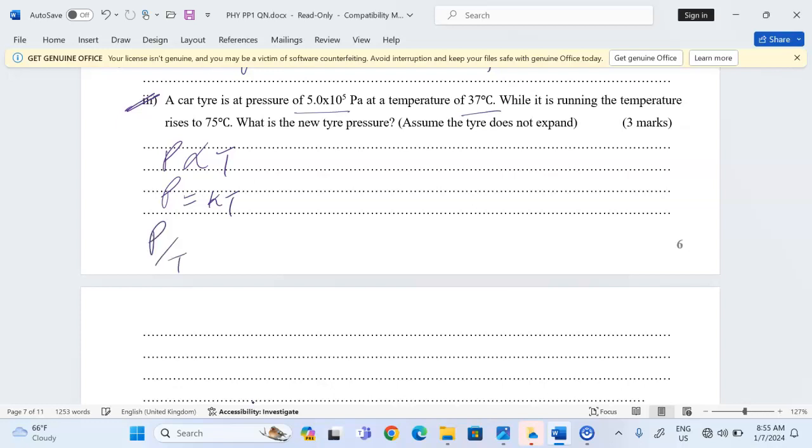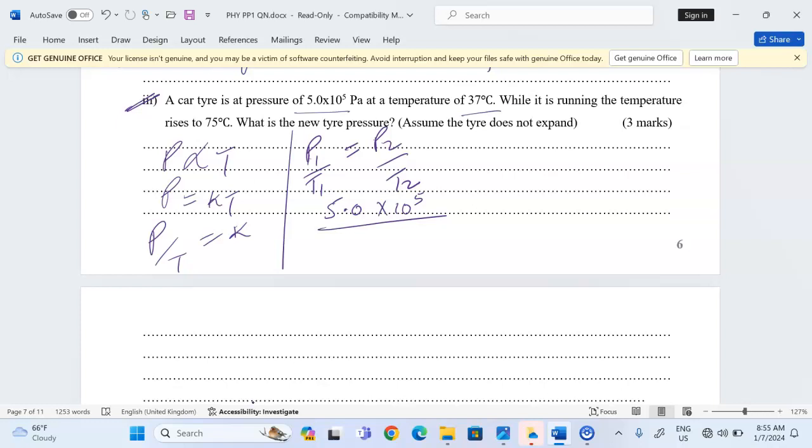So pressure over temperature will give us a constant. That means even if we change the pressure to a different value, taking a different temperature, then they will give us the same constant. Therefore, P1 over T1 equals P2 over T2. That relation holds for the pressure law. Therefore, the first pressure is 5.0 times 10 power 5 Pascal over the first temperature, which must be absolute temperature.